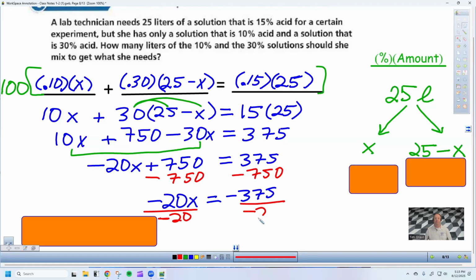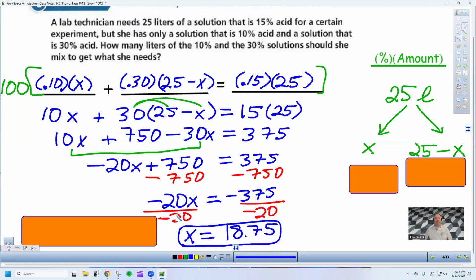I want to divide this side by negative 20, and that does isolate this X. Negative 375 divided by negative 20 comes out to 18.75. Again, that's a calculation I did earlier on a calculator. So feel free to use a calculator to do multiplying, dividing, even simple subtraction and addition.